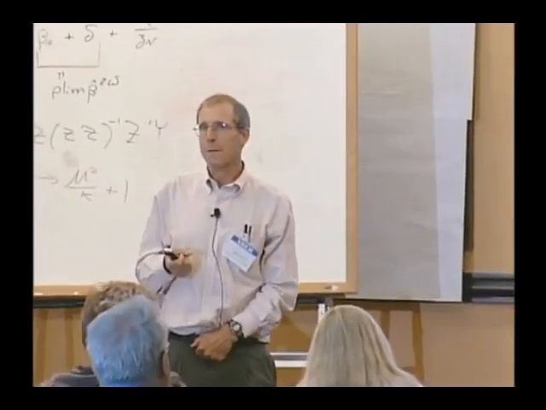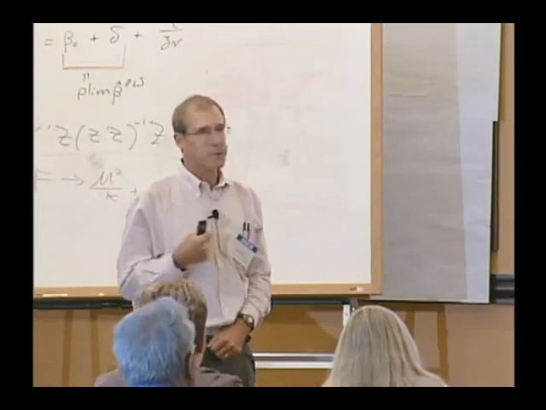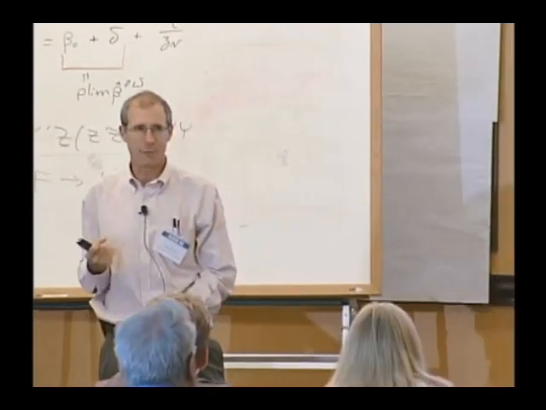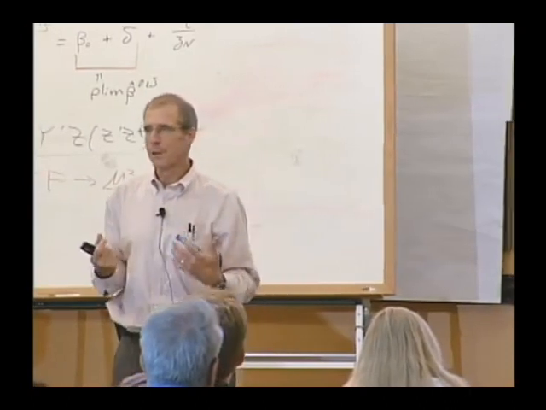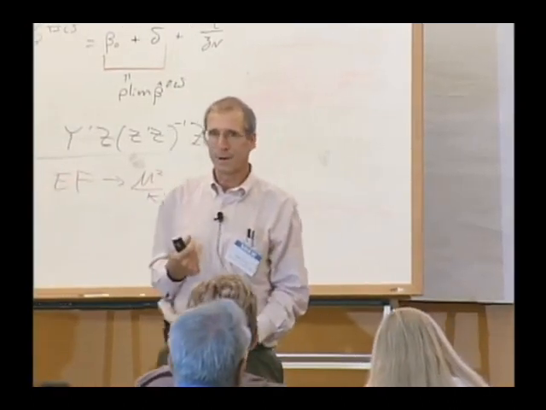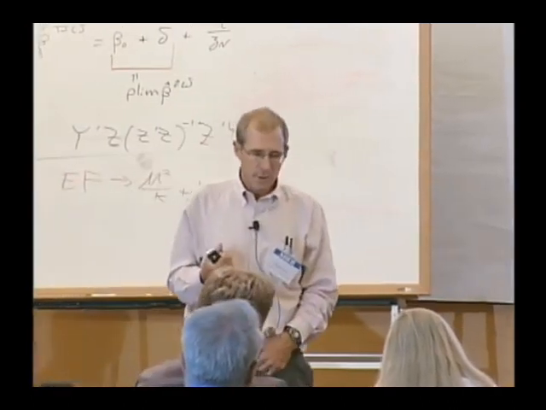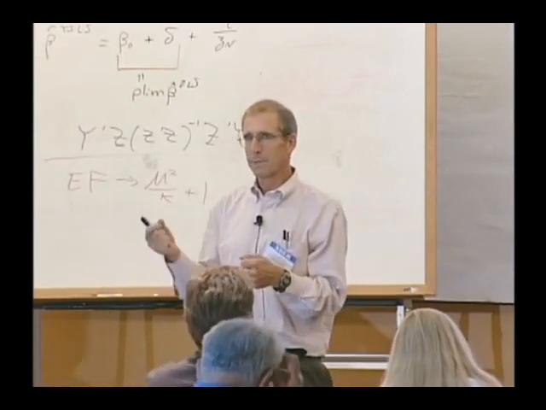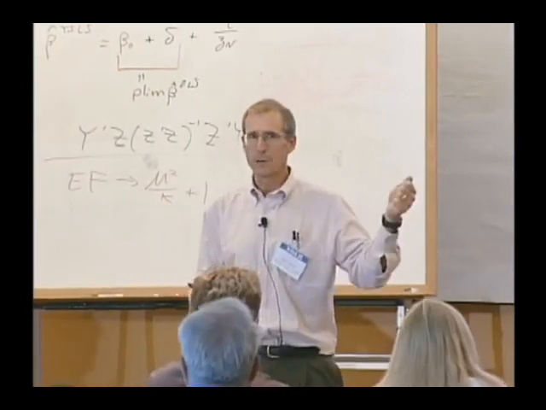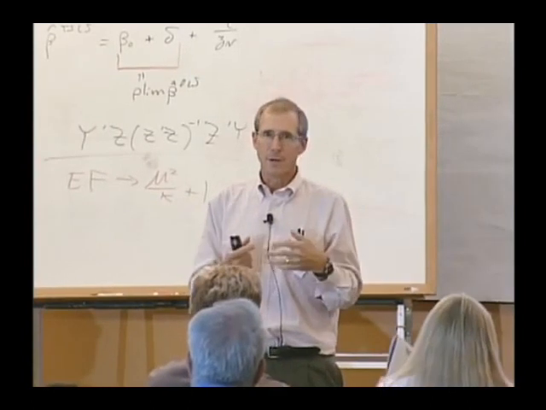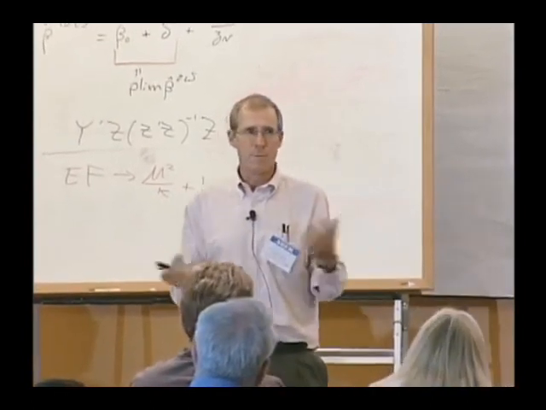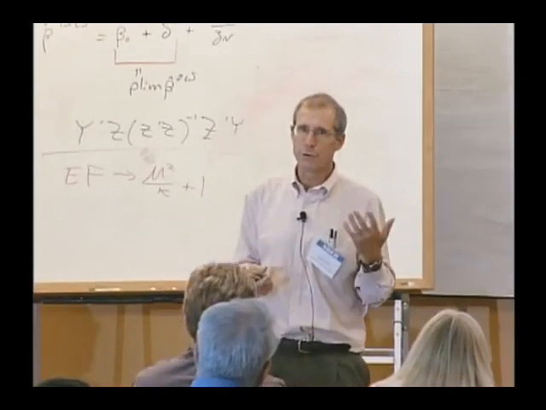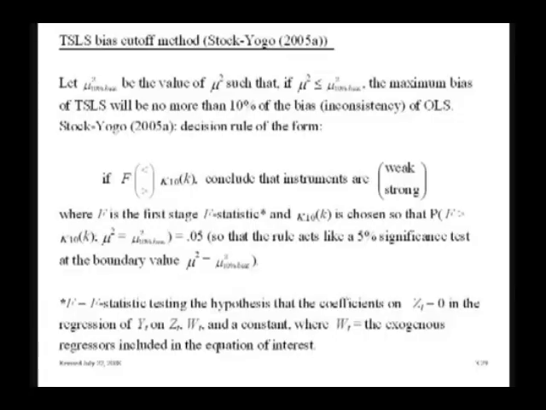Here's the problem. I really don't like this slide because it involves making some approximations, and purists don't like making approximations. Here's the problem, which is, look, there's a continuum of mu squared equals 0 to mu squared equals 100, and as a practical matter, you might want to have different approaches to your data depending upon what mu squared happens to be.